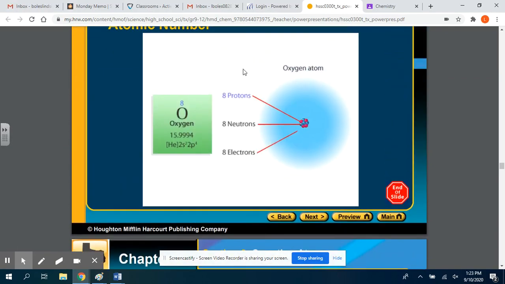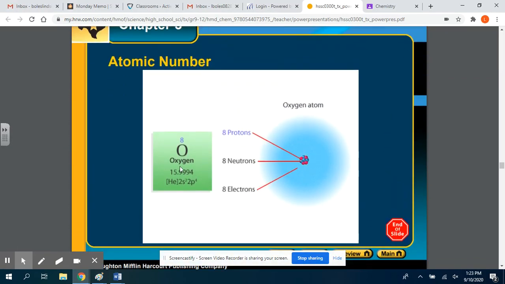All right. A couple other things though, while I got this here. This is a misconception with students. So this number right here, this 15.9994, that is not the mass number. That is the average atomic mass. That's a weighted average of all the isotopes of that element, in this case, oxygen.